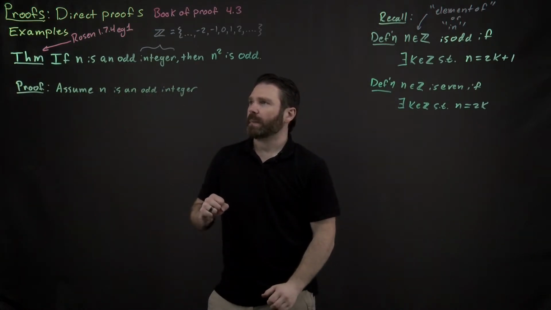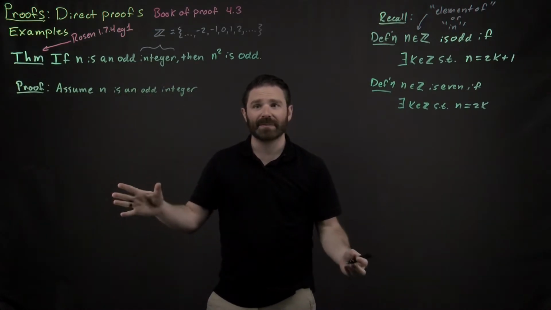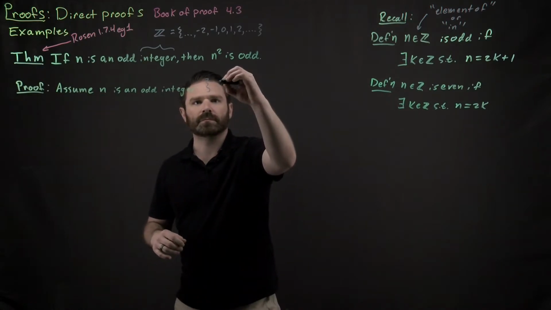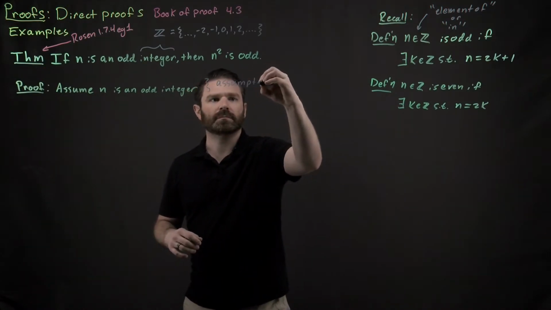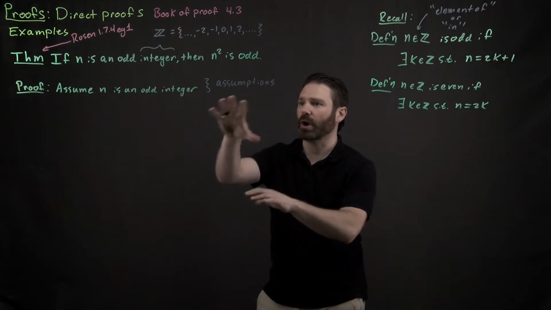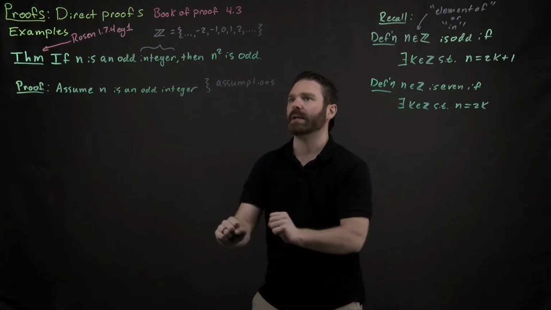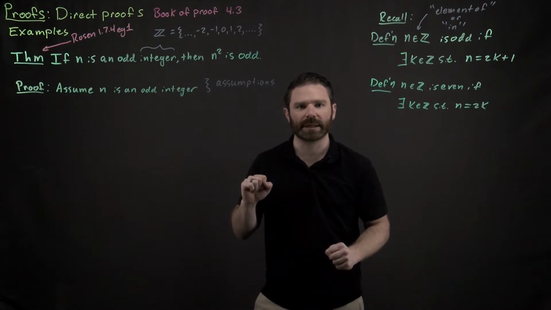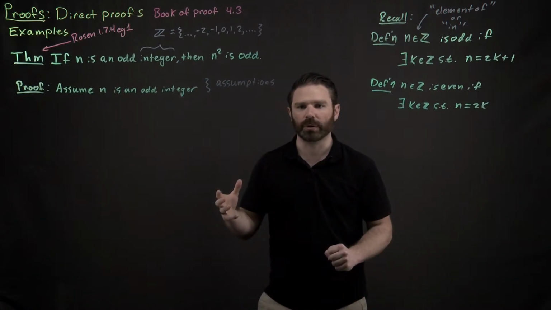So I've started my direct proof and made my assumption. The next step is to make an argument, with the goal being to show that n squared is odd, and that will conclude our proof.